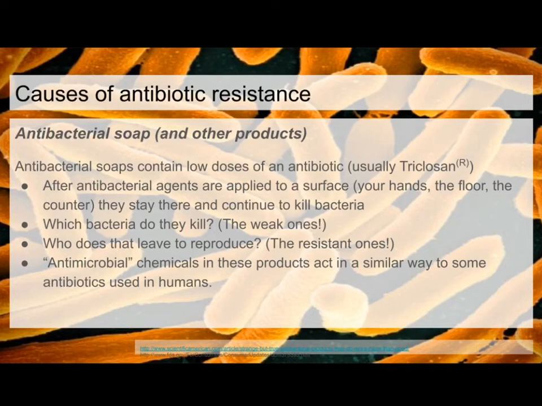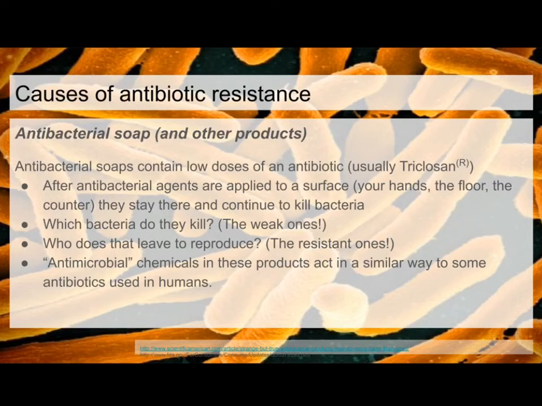And after those antibacterial agents are applied to a surface, your hands, the floor, the counter, they just hang out there because those chemicals, they'll go away eventually, but until they break down, there they are, and they're killing bacteria. Unfortunately, the ones they're killing are the ones that are, well, you guessed it, sensitive to them, the weak ones. Who does that leave behind to have all the babies they want?